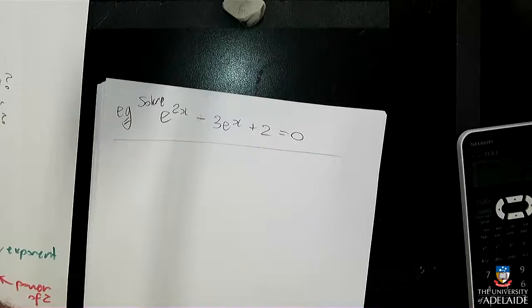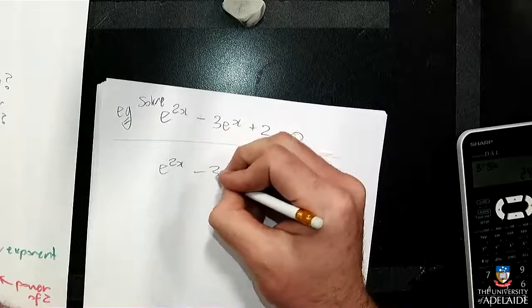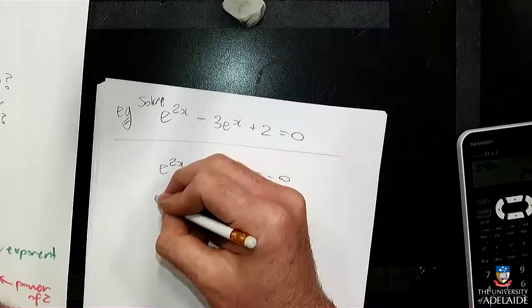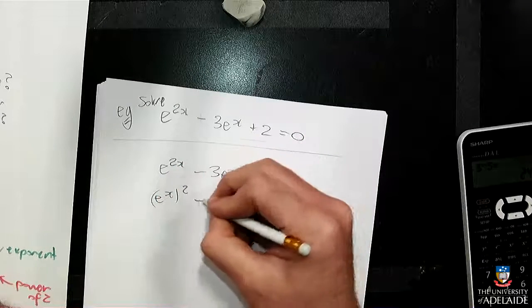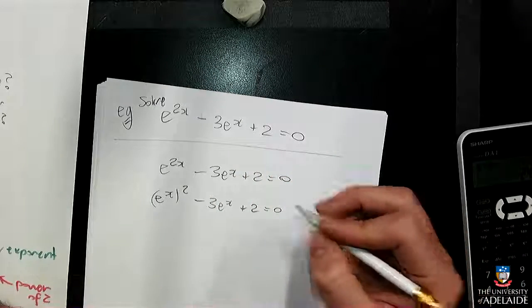When there's lots of bits and pieces added together and equal to 0, I normally attempt to factorize it. But I only really know how to do that if it's a quadratic equation. Well, this can be rewritten as a squared, right?